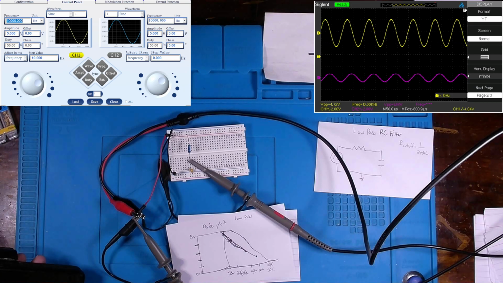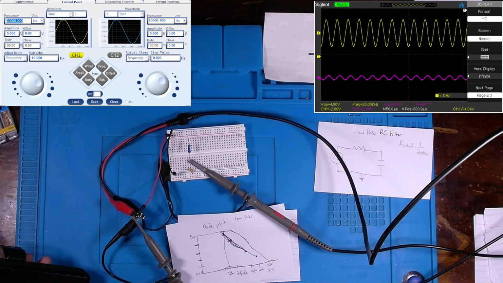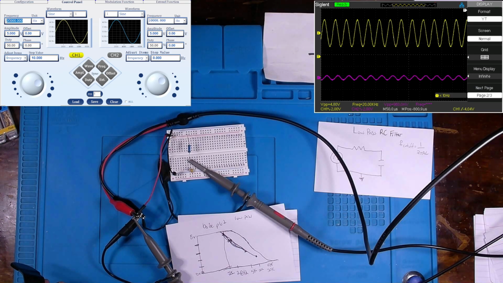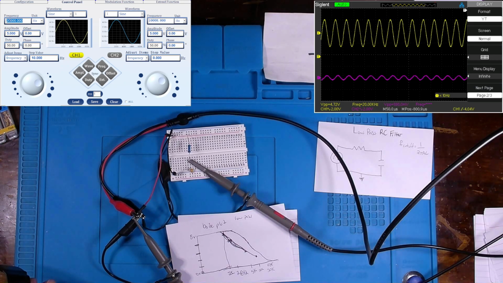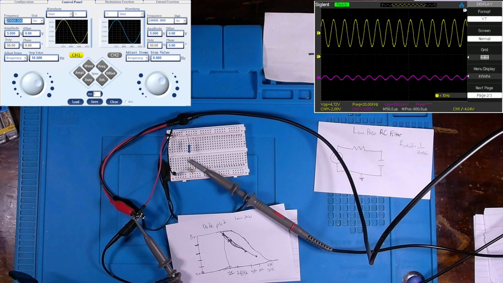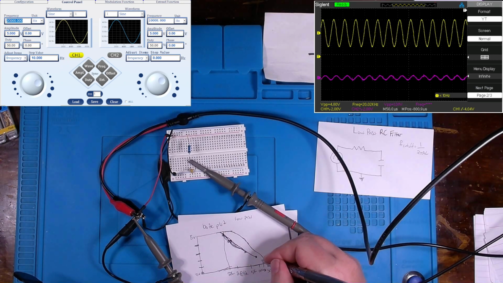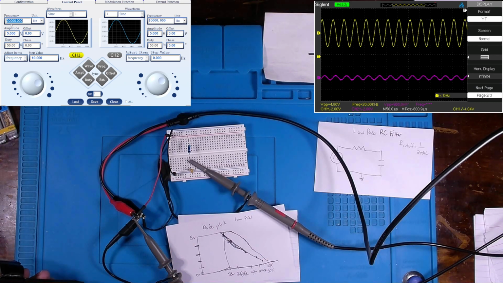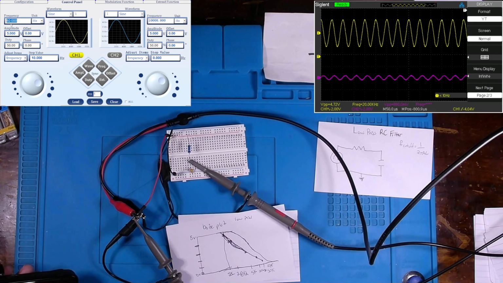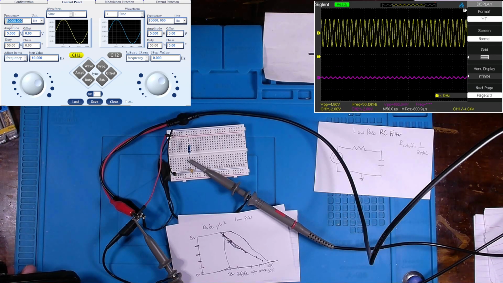Let's go up to 20K, and you know, we're in the millivolts now. That frequency's practically not there. We're just under 1 volt or just at 1 volt. So we can say 20K, 1 volt right here. Let's do 50K. Nope, not 50. There we go.